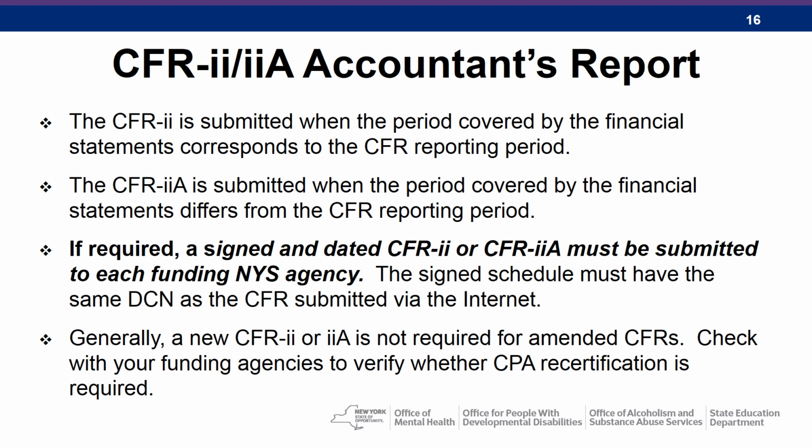The CFR-iia is used when a period covered by the financial statements differs from the CFR reporting period. If required, a signed and dated CFR-ii or CFR-iia must be submitted directly to each funding New York State agency. The signed schedule must have the same DCN as the CFR submitted via the Internet.